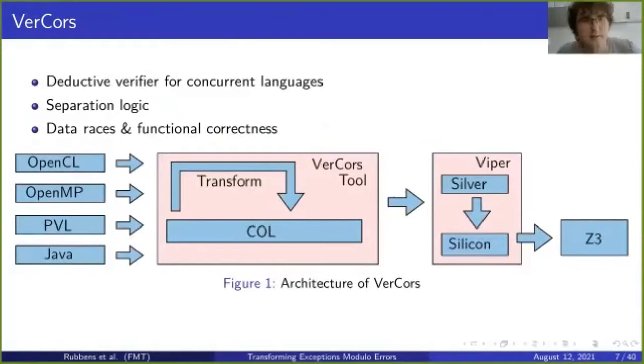The way it works is that VerCors reads an input program in one of these four languages, then converts it into its internal format, COL, and then applies several transformations on the tree to simplify it down to a level where the internal representation can be easily converted into Silver, which is the input language of Viper. Viper is the backend of VerCors and can do more elaborate verification reasoning on the input. Then Viper will return the results, and VerCors will translate the results back to the level of the input.